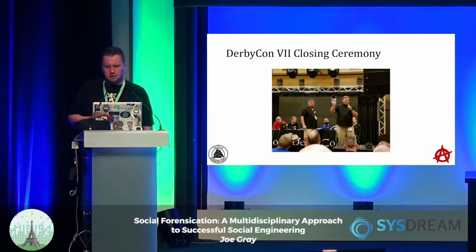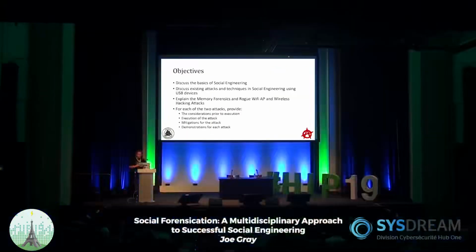So to get into the meat and potatoes of the actual talk, we're going to talk very briefly about the basics of social engineering, just to lay the groundwork and make sure everyone's on the same page. Then we'll talk about existing attacks, maybe some familiar names or faces. Then we'll talk a little bit about memory forensics and rogue Wi-Fi, things you can do with Wi-Fi.